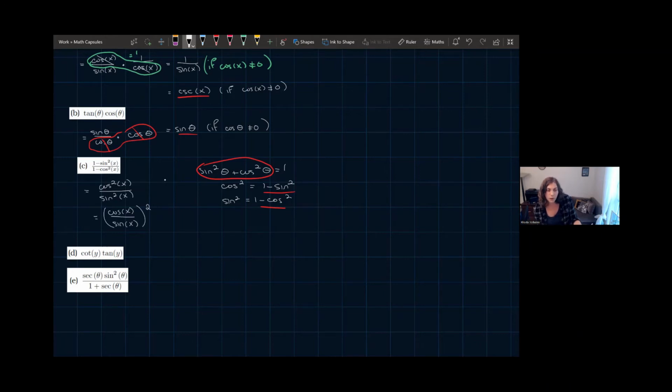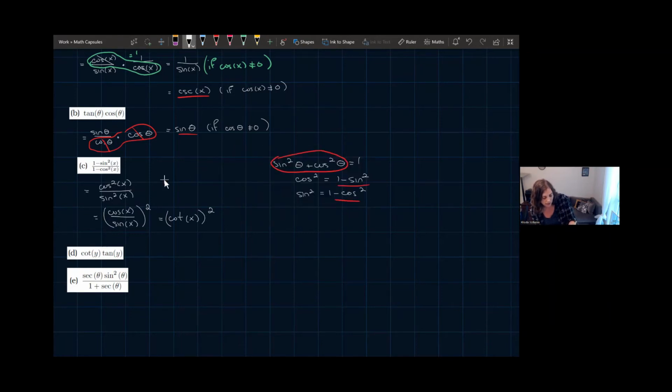Both of them are squared, so I could write it like this. And then cos over sine is cotan. So it's cotan all squared, which we can just write in that compressed notation of cotan squared of x. These two lines mean the exact same thing, but we usually use that tidier notation when we give our final answer.